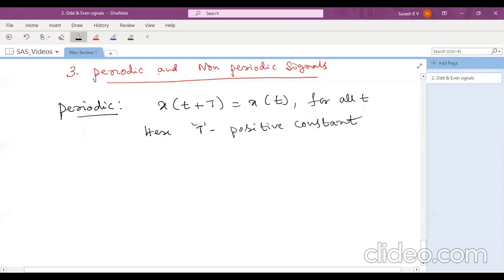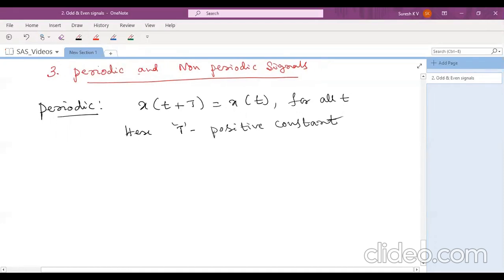Okay, so as all of you know, if the condition is satisfied for T equal to say T naught, that means x of t plus T naught is equal to x of t. You know that even for T equal to 2 times T naught, it satisfies.